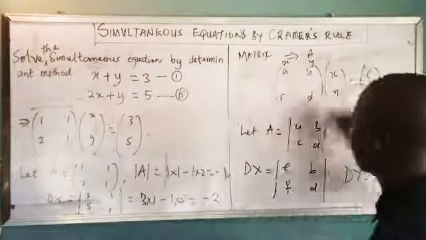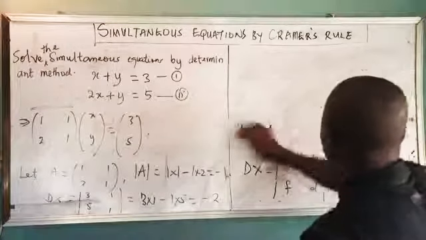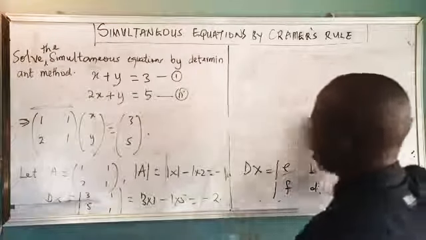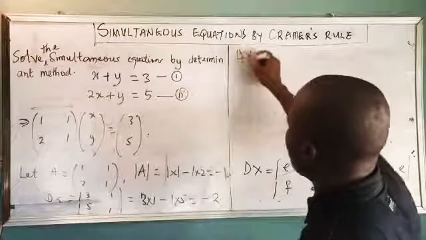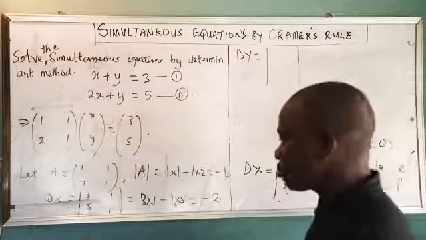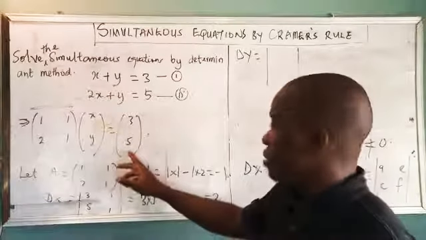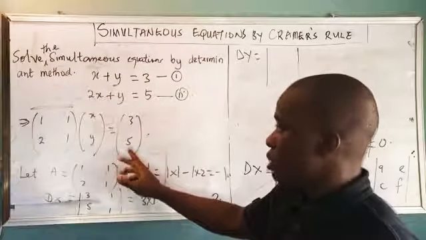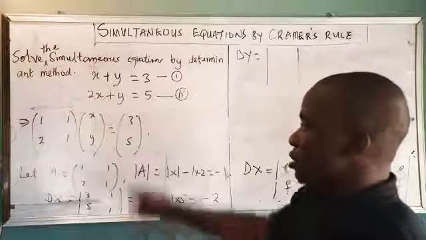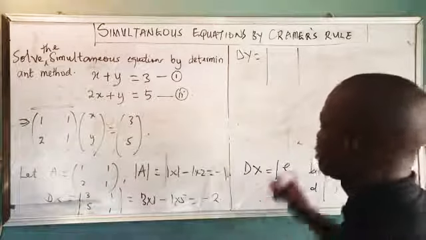Now also we have to get dy. To get dy, you replace the second column, 1, 1, with the constant terms 3 and 5.